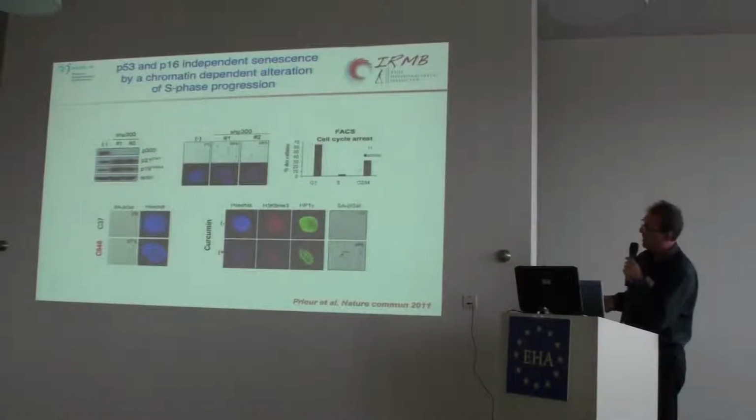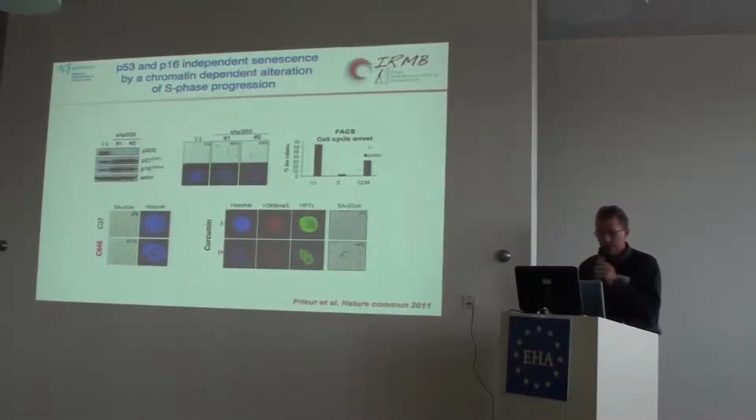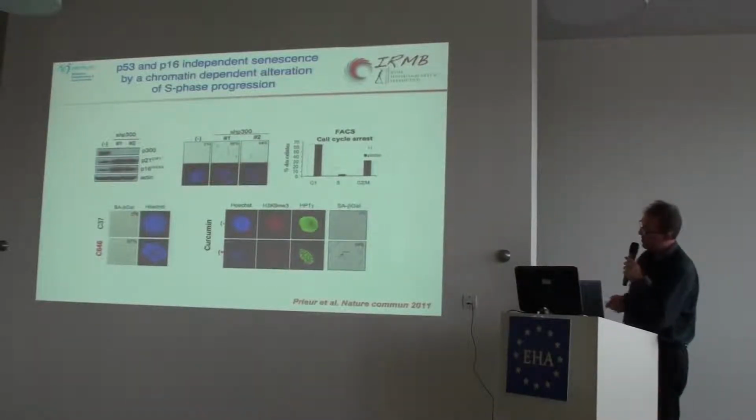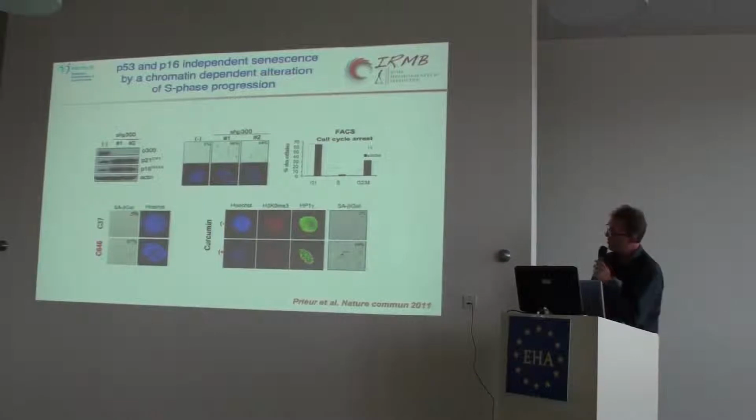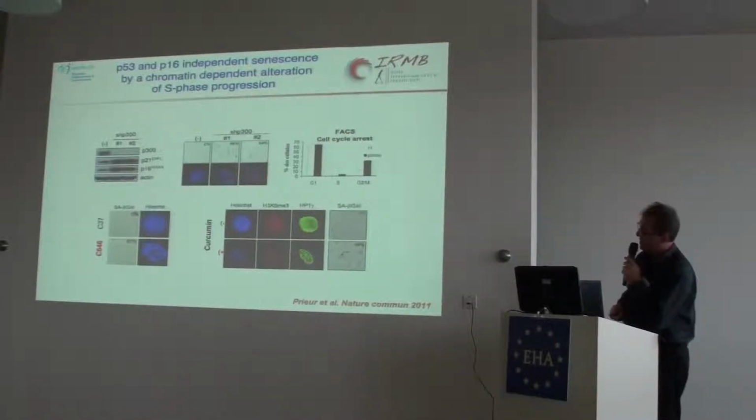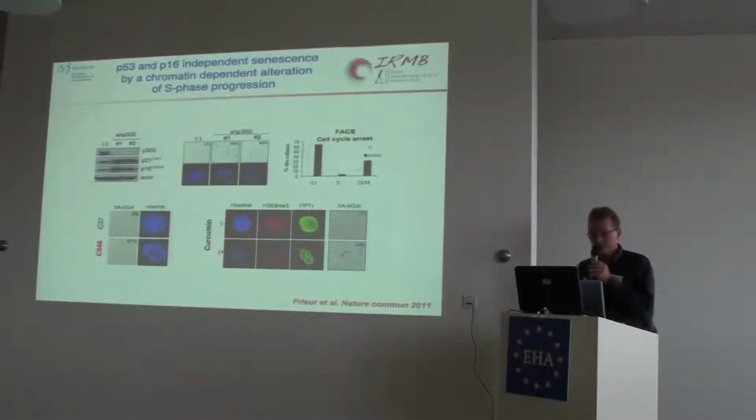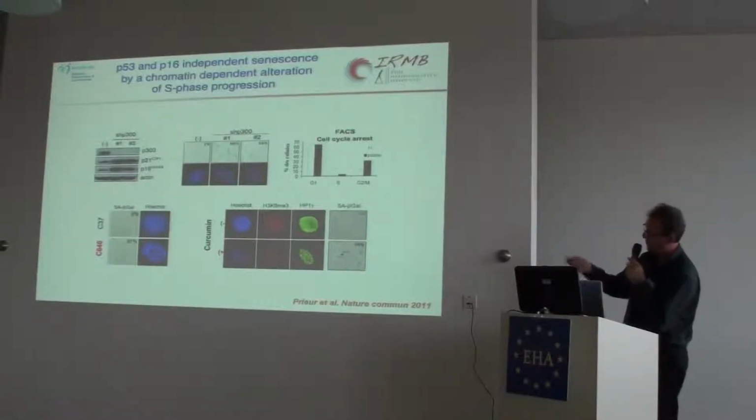So we identified one candidate gene, P300, which is a histone acetyltransferase, and when we downregulate P300, we lead the cell into senescence, as presented by the beta-galactosidase staining, but also with the presence of SAHF. But interestingly, we block the cell cycle not in G1 phase, but in G2.